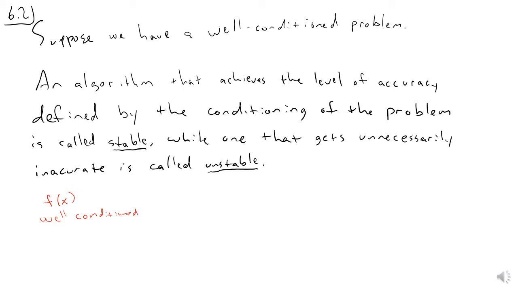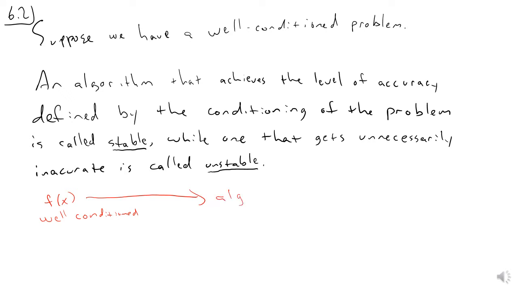Because what happens when we implement functions in a computer is it doesn't just do the function analytically. In a lot of cases, it gives us a decimal approximation to the function. So whenever we evaluate a function in a computer, what the computer is doing is running some algorithm that approximates the function.